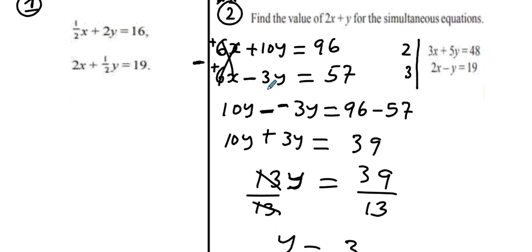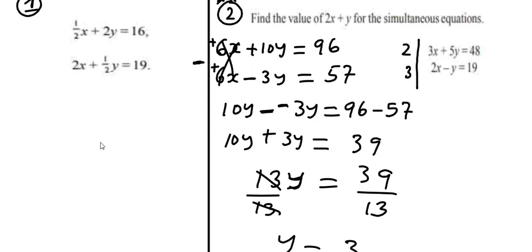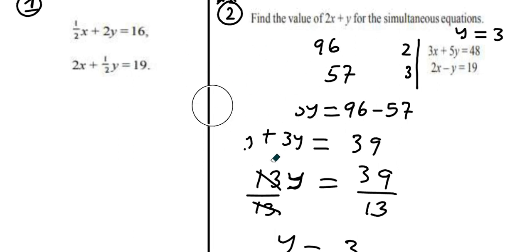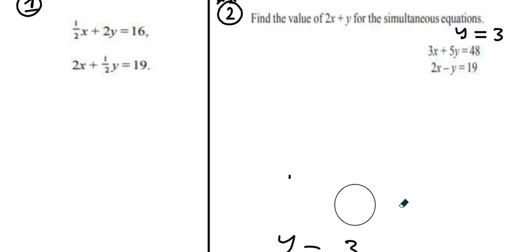You can pause the video and work out the value of x by the elimination method. Okay, so we got the value of y here, y equals 3. Now I'm going to delete all these and start the process.